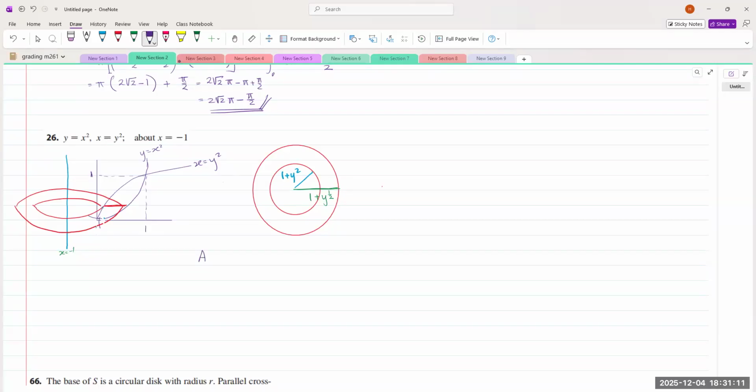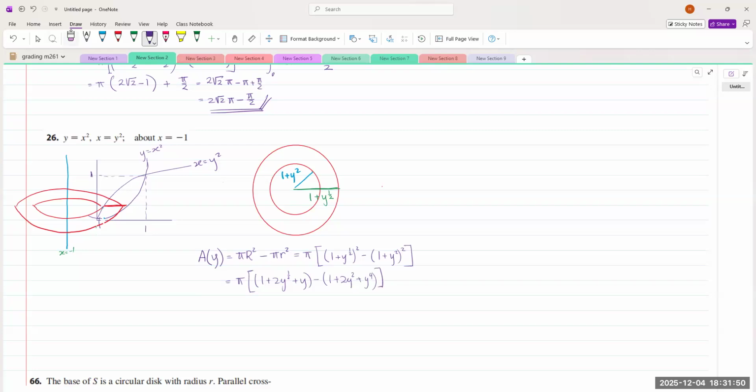So the area of that ring as a function of y will be pi R squared minus pi small r squared. If I factor pi, I will get (1 plus y to the 1/2) squared minus (1 plus y squared) squared. That is pi times (1 plus 2y to the 1/2 plus y) minus (1 plus 2y squared plus y to the 4th).